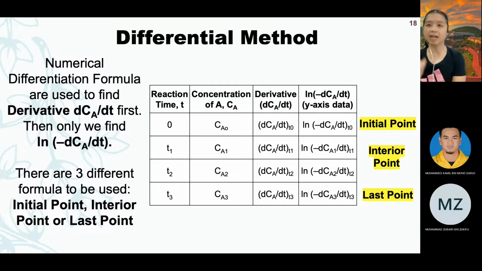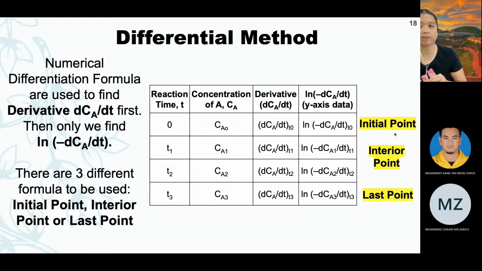Okay. If you are calculating the very first dCA per dt, or you are calculating dCA per dt for time zero, you will use a formula we call the initial point formula. So even from the word itself you know it's the initial point. So only for calculating the very first dCA per dt in your data set, you use the initial point formula.